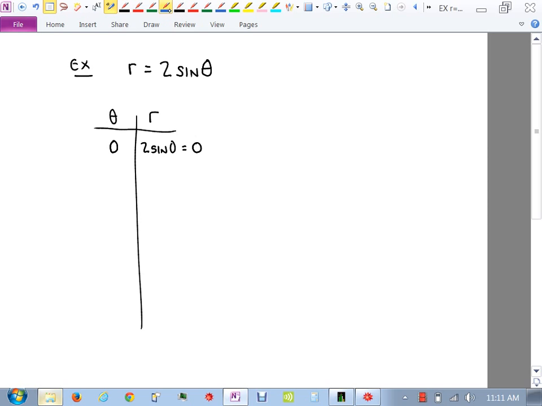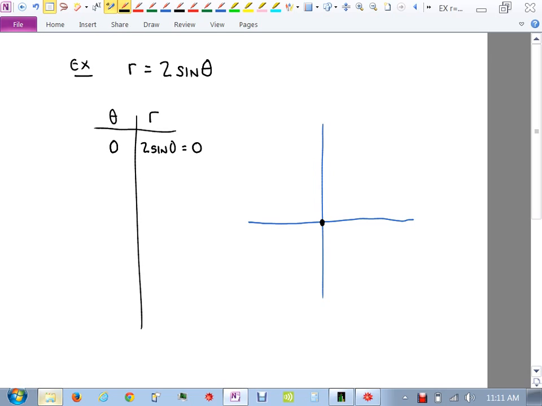Okay, now over here, I'm going to draw my graph. At angle 0, when I'm pointed out the polar axis, I'm supposed to walk out how far? 0. So I'm just going to be at the origin, right?